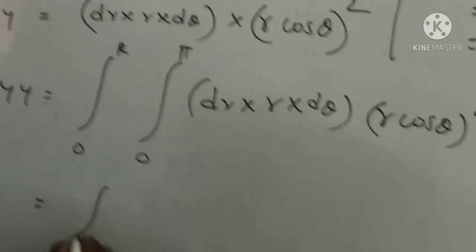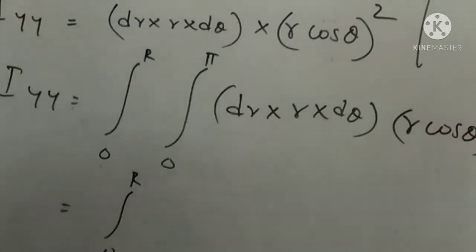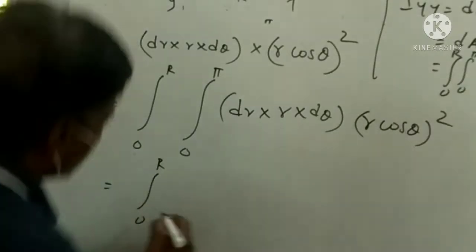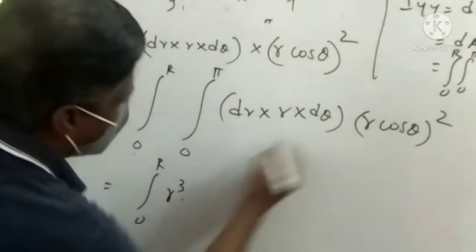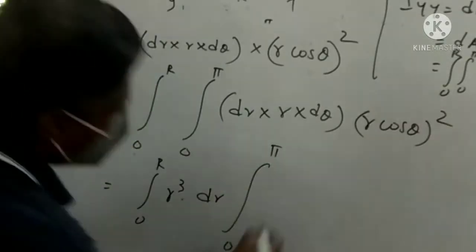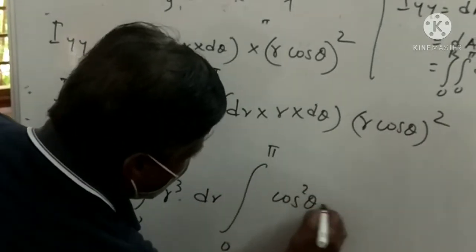Which is equal to integral 0 to r, this is r square, then r, that is r cube into dr, integral 0 to pi cos square theta into d theta.